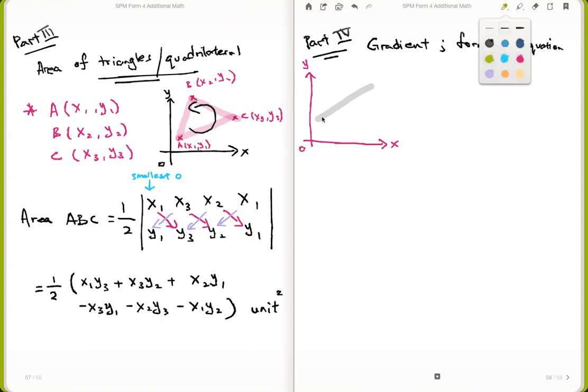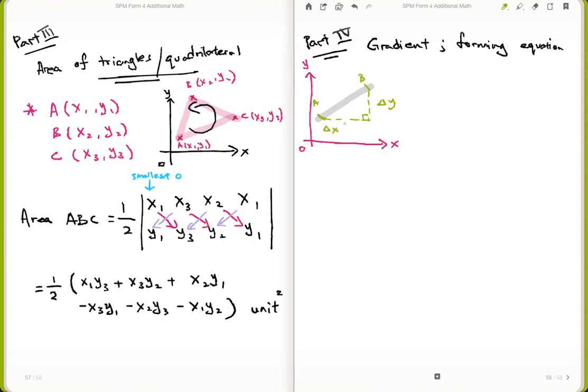You have a point, maybe point A and point B. Gradient would be just like the first part. This is a gradient. How much changes? The ratio of changes of y to changes of x.